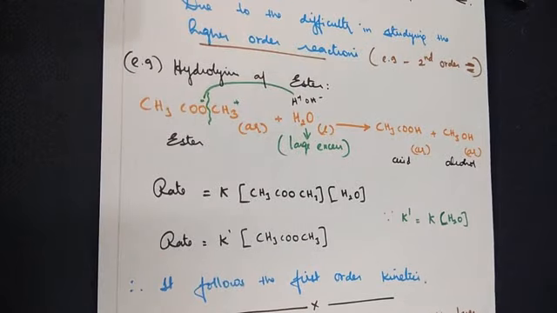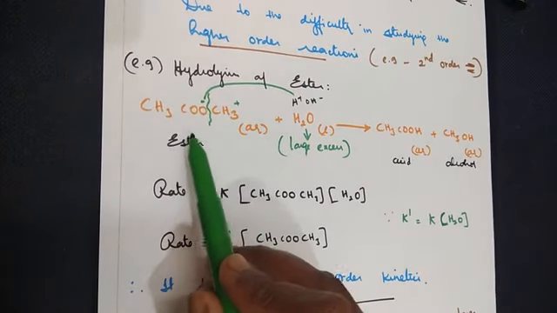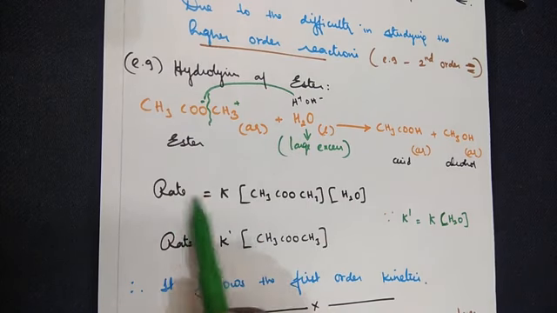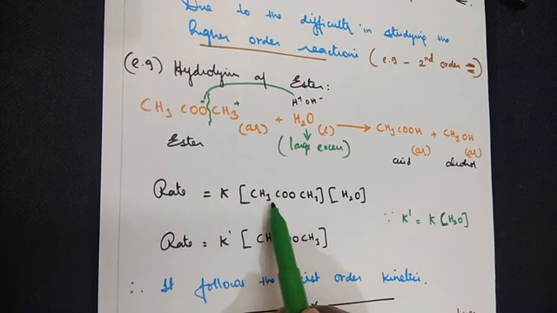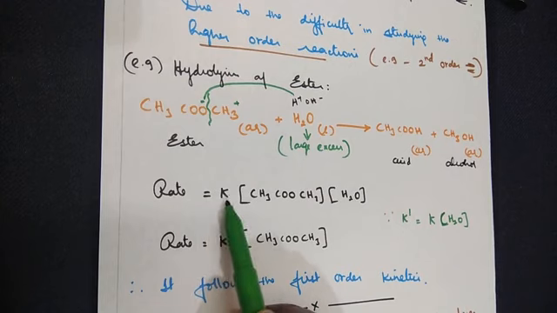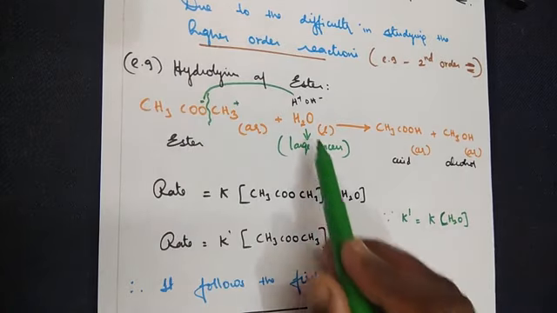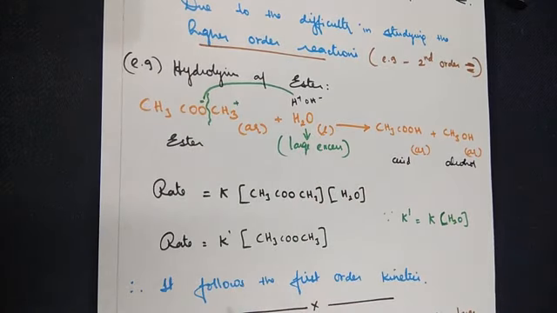Let's move back to the question here. The rate of the reaction depends on the concentration of the reactants. So rate is proportional to the concentration of the reactants. The proportionality sign is replaced with a rate constant, that is k, into the concentration of the ester and the concentration of water, H2O.